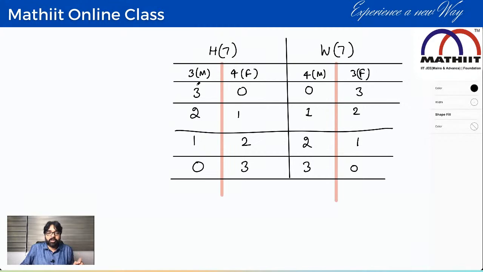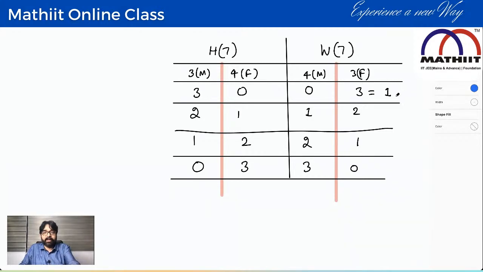Orally I am doing this. This will be 3C3 = 1, 4C0 = 1, 4C0 = 1, 3C3 = 1. So the total will be 1 into 1 into 1 into 1: one way. Are you getting my point?